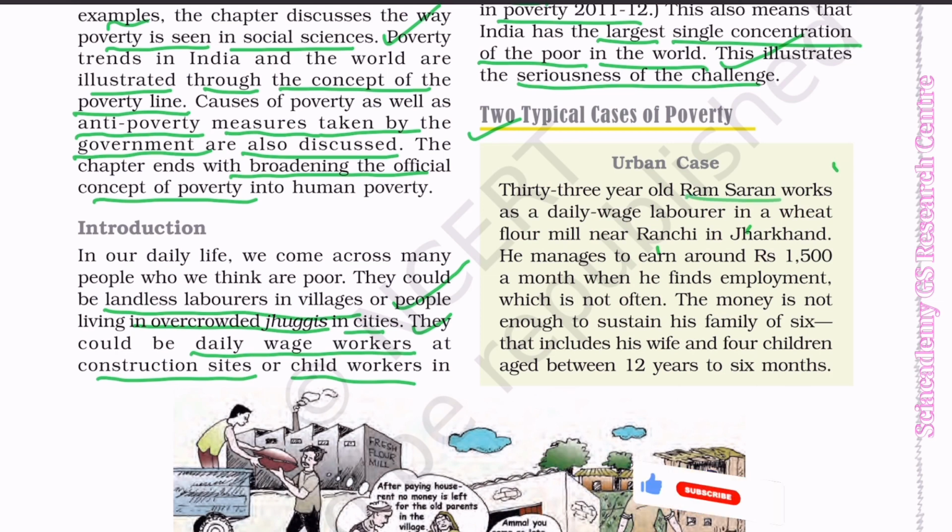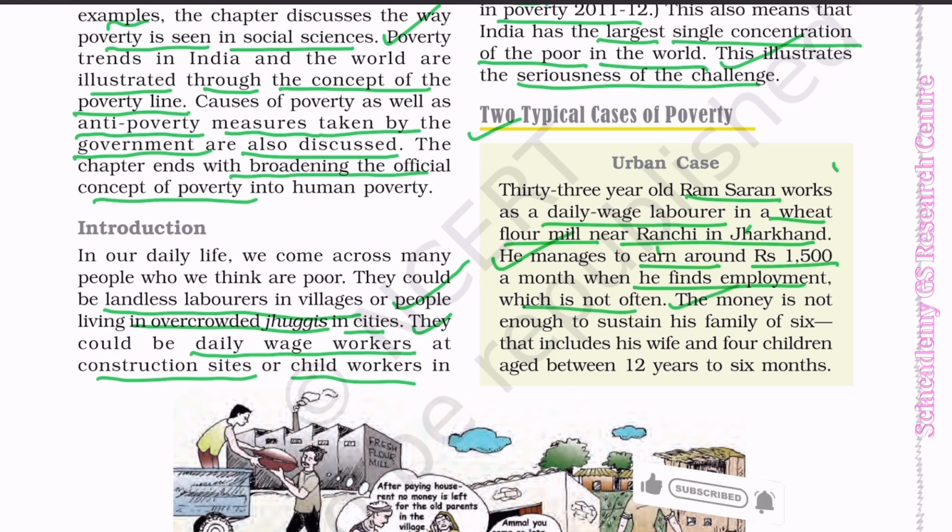33-year-old Ram Saran works as a daily wage laborer in a wheat flour mill near Ranchi in Jharkhand. He manages to earn around rupees 1500 a month when he finds employment, which is not often.